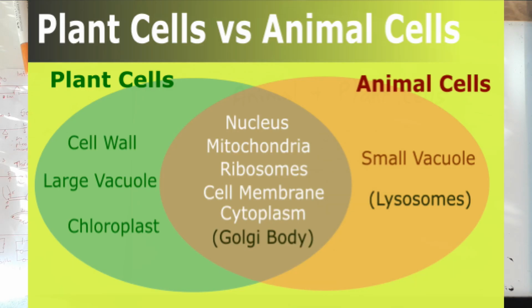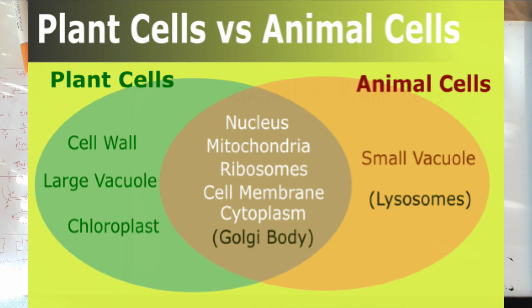All right, one of the first topics you would have ever done in integrated science in school is the plant cells and the animal cells. Your teacher would have mentioned that there are some things that are similar to both. If you look at the diagram on the slide, in the middle, that's the intersection region.